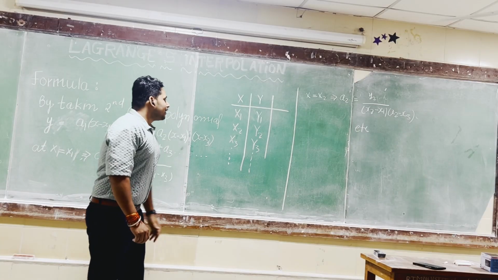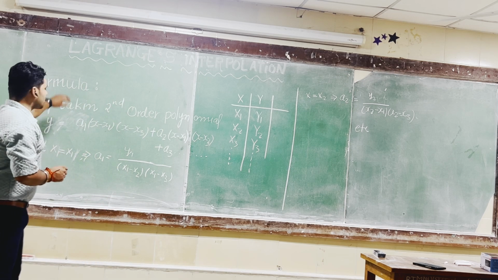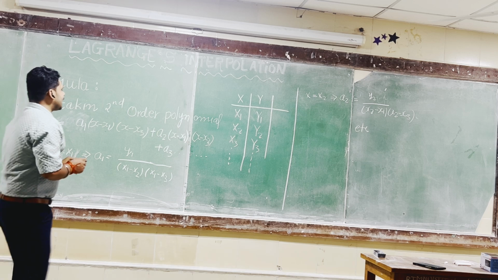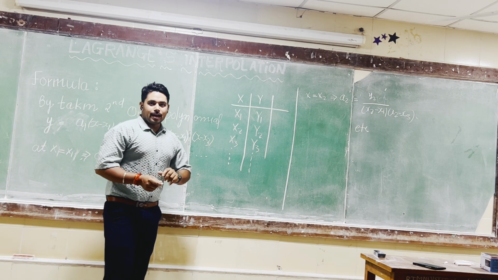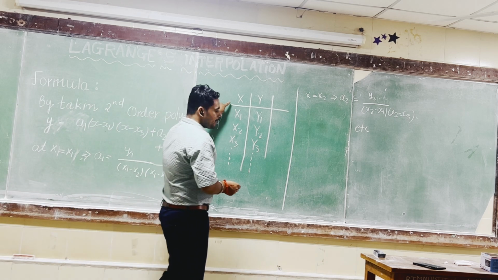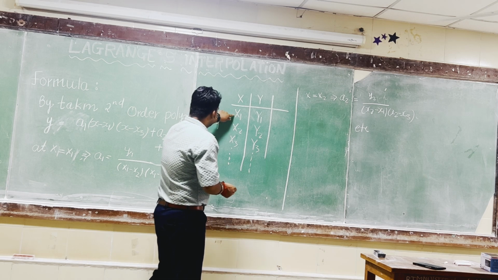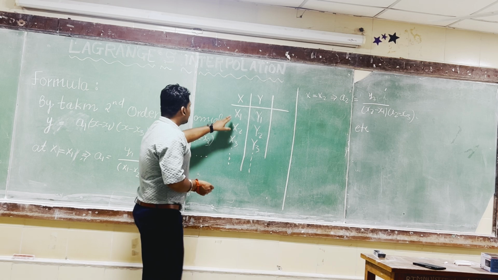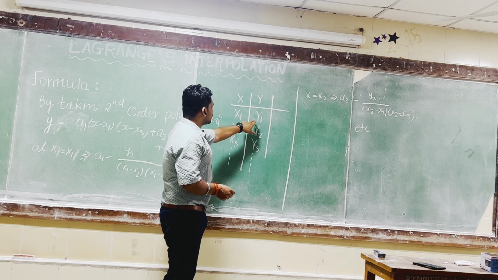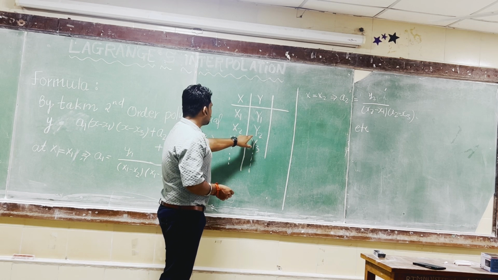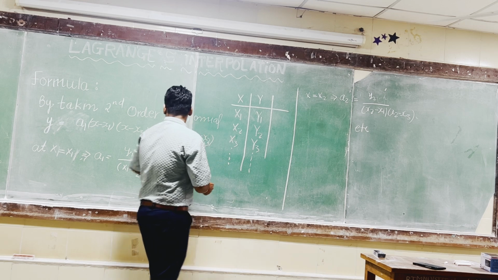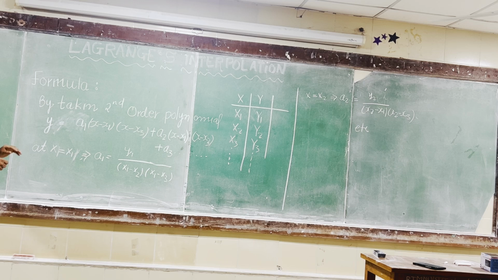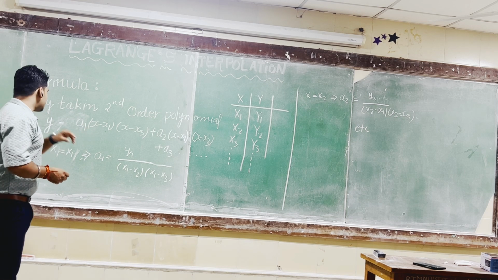So guys, here we come to our main topic, Lagrange's interpolation. What is Lagrange's interpolation? As I have discussed earlier, suppose we have data where the x values are not equally spaced, and corresponding to x1 there is y1, corresponding to x2 there is y2, and so on. How do we derive this formula?